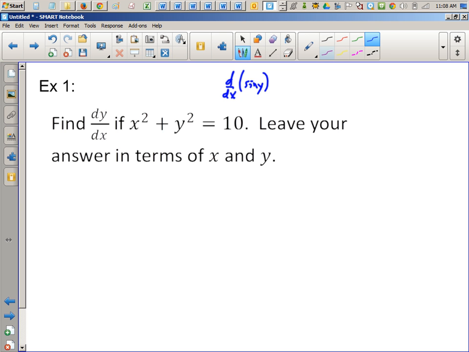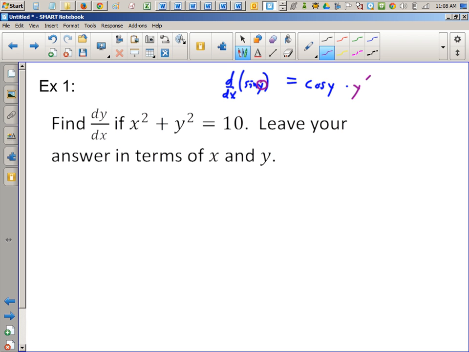The derivative of sine y is cos y times, and assuming that y is some unknown expression that contains x's, we need to take the derivative of it. So let me ask again, what's the derivative of sine y? Cos y times y prime, right.